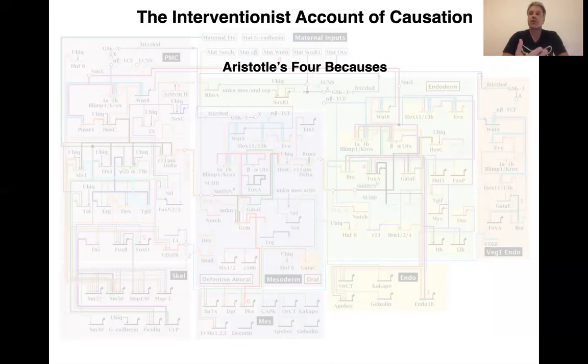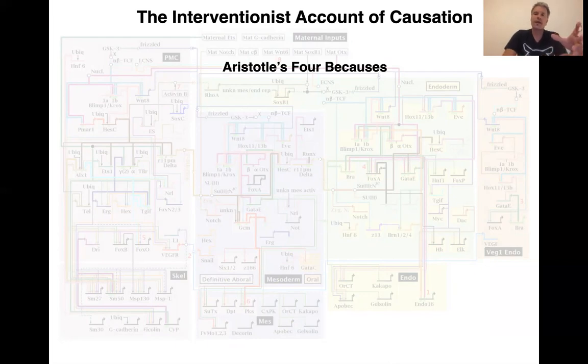That was the material cause, what is it made of? The formal cause, what does it look like? What makes it what it is, basically. The efficient cause, what is the process that generated it? What is the agent that generated it? And the final cause, what is its purpose?